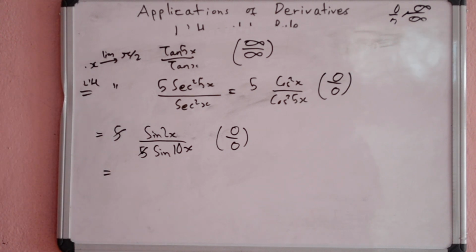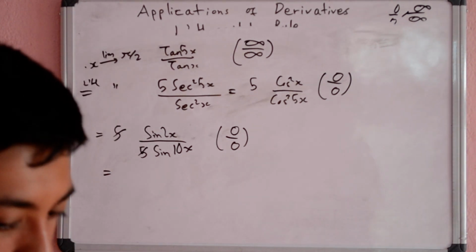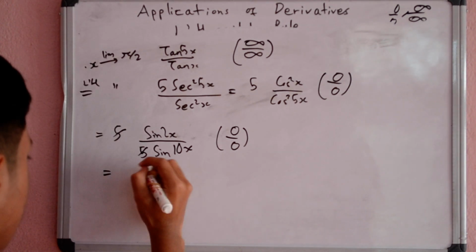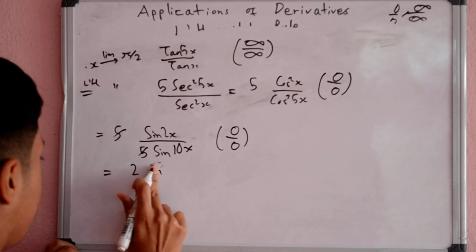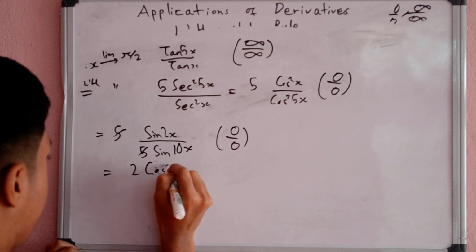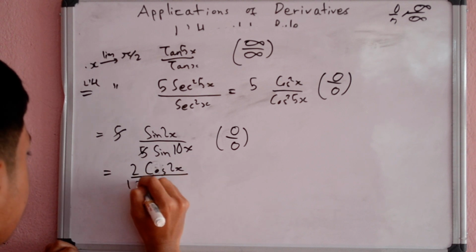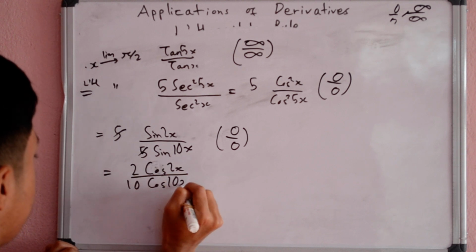So let's use L'Hospital's rule one more time. So it becomes 2 cos 2x by 10 cos 10x.